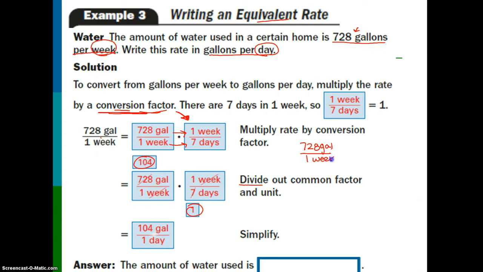They might say 728 gallons per week equals how many, they'll put a question mark or a blank there, how many gallons per day. You need to know that you need to rewrite the problem. You need to write down the first fraction and then multiply by the conversion factor. There's no easy way to solve this without rewriting it.